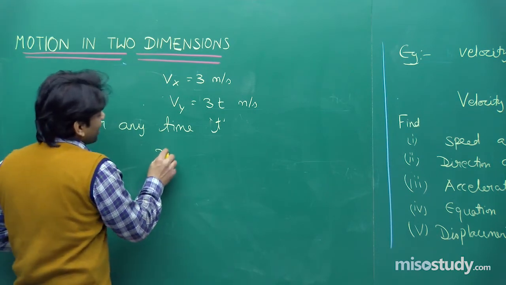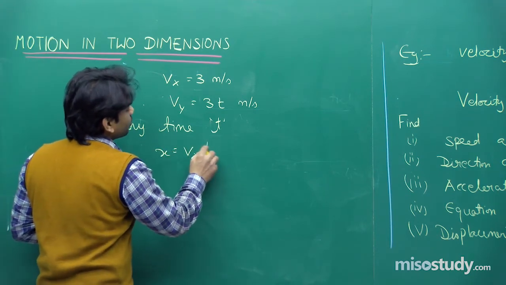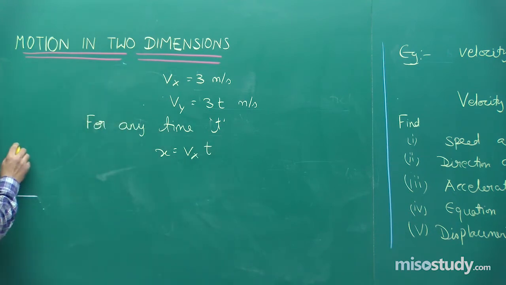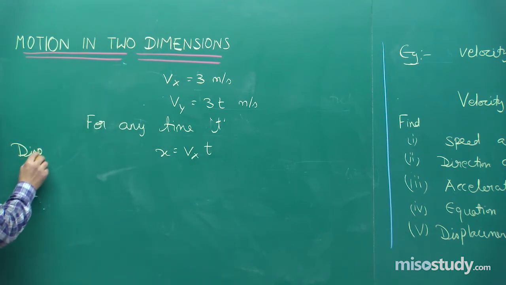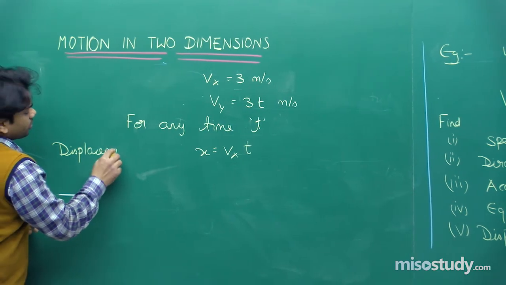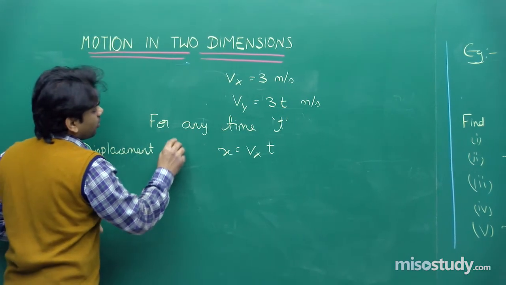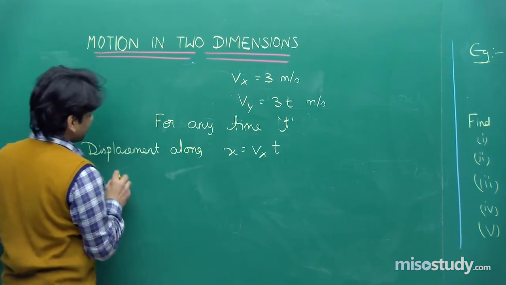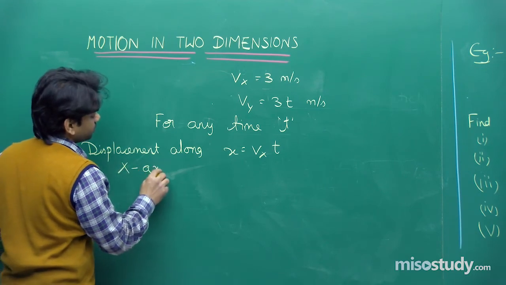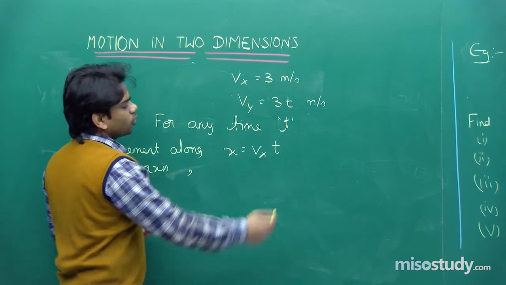That will be given as x is equal to vx into t, or to be more specific, I am writing displacement along x axis. Displacement along x axis will be given as x equal to vx into t.